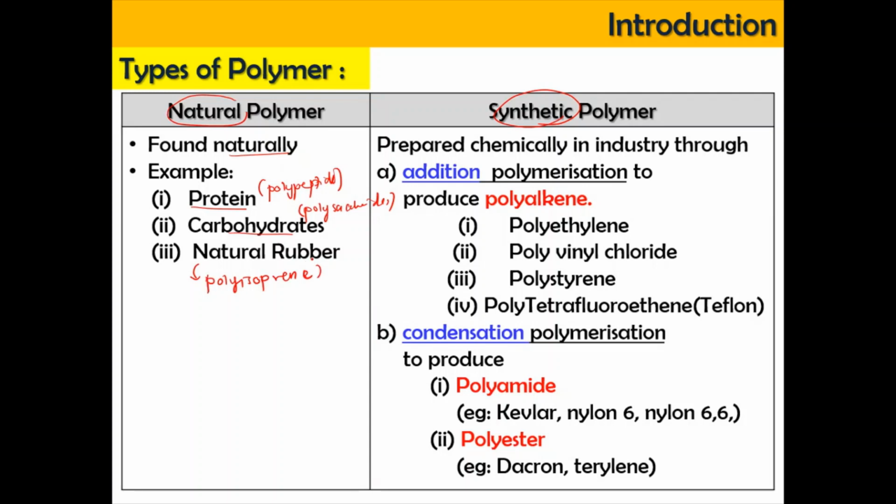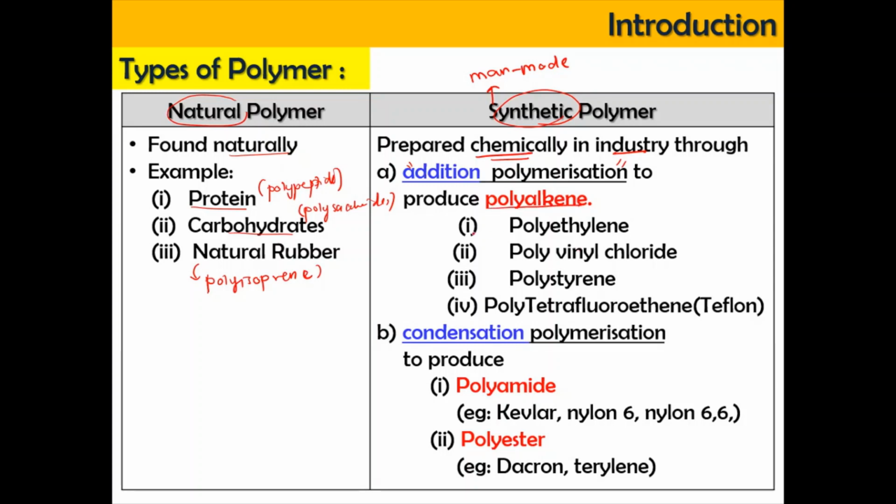Okay, for the synthetic polymer, it is something that we as chemists are interested in. So synthetic here refers to the idea of man-made. Maksudnya dia adalah buatan manusia, and it can be prepared chemically in industry. Okay, so we're going to prepare that through the addition polymerization, in which we can do that in order to produce polyalkene.